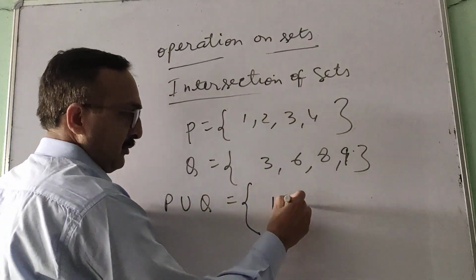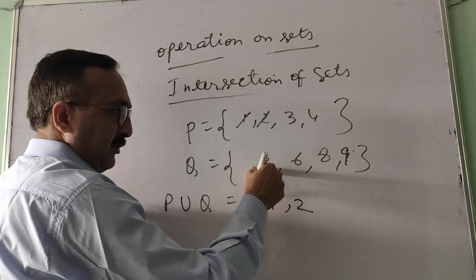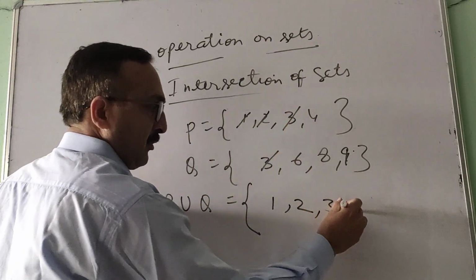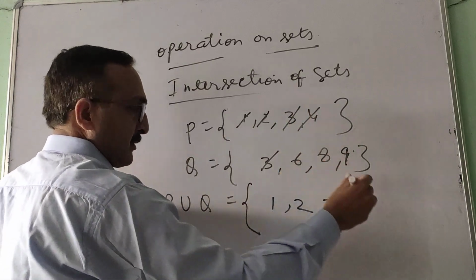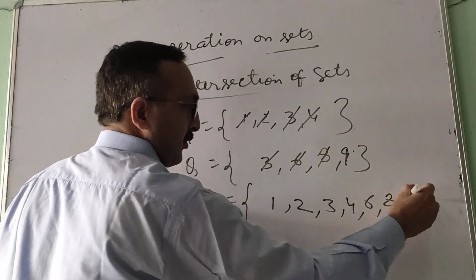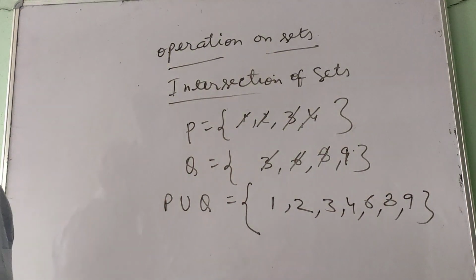You write 2. You write 3, but it is common, so write it once. 4, write 4. 6, no common, 6. 8, no common, 8. 9, no common, 9. So this is P union Q. Understand?